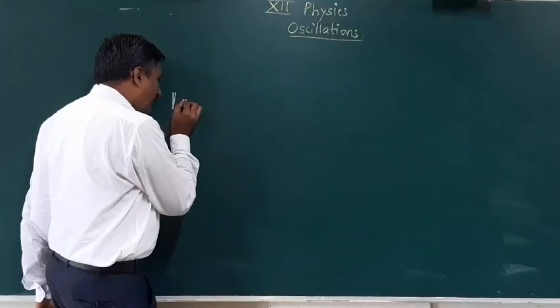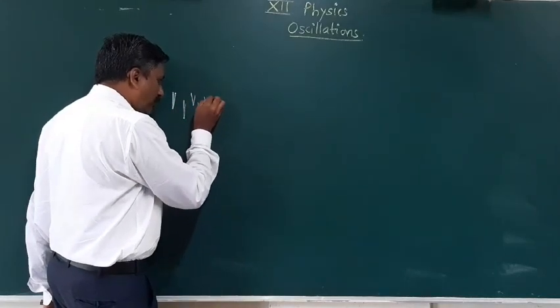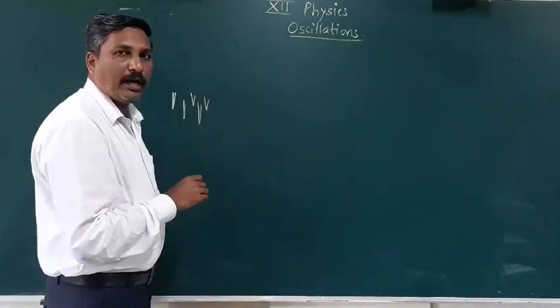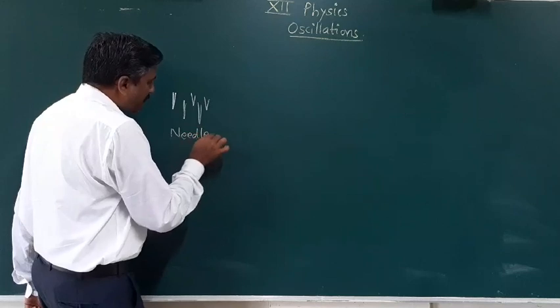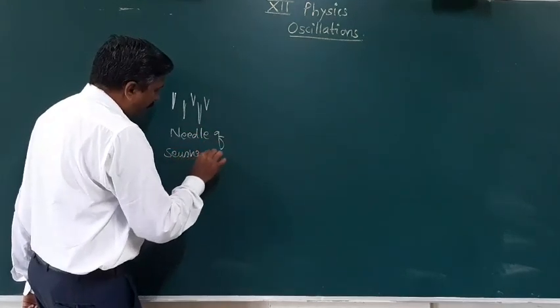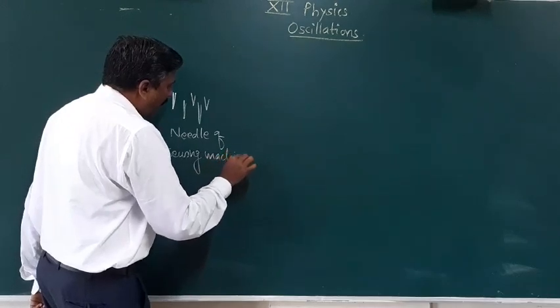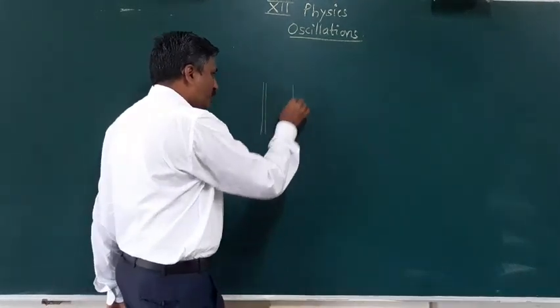The motion looks like this: down, up. In this way, it performs the up and down motion. That is the needle of the sewing machine. Another type of motion is the motion of the swing.